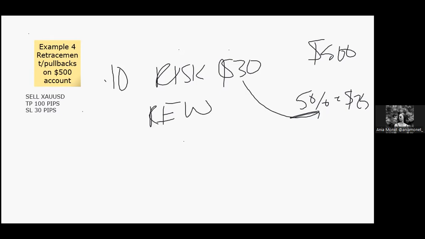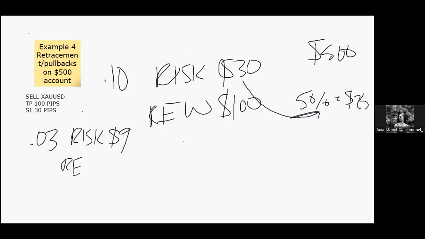Reward would be 100 bucks. Cool. If I were to use a 3 cent over here, my risk would be 9 bucks, I believe. Yeah, 9. And my reward would be 30.